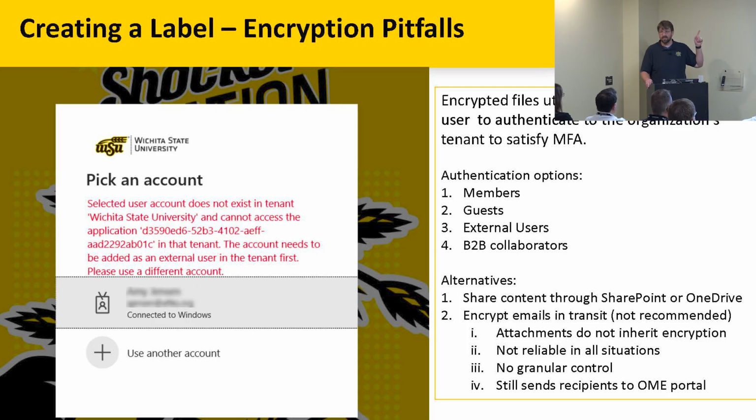So if you're sending stuff to a vendor or to maybe a student's Gmail address or whatever, if it's encrypted, probably they can't open it. And they'll get this error here, and that's because you have to authenticate to your tenant in order to decrypt that content. So if you cannot authenticate, you can't get it.